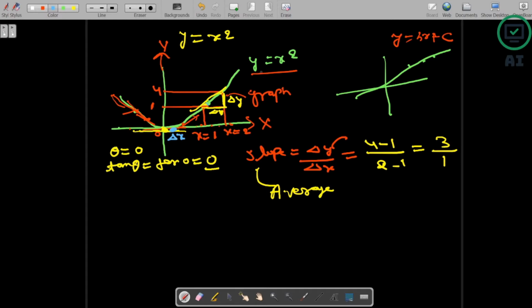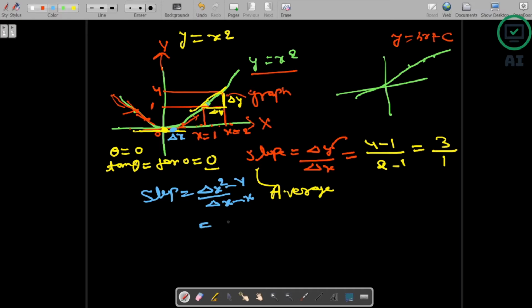As we know, y equal to x square is a function, and if x is delta x, then the slope will be delta x square divided by delta x. This is the function value f(x), and this is x, the instant point.